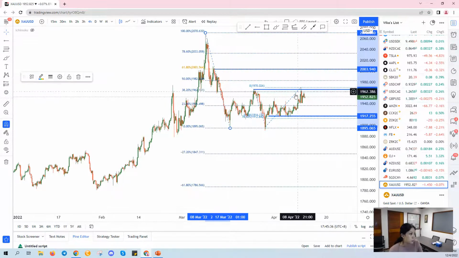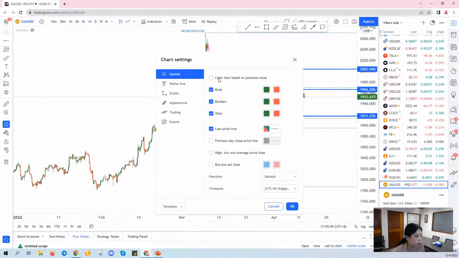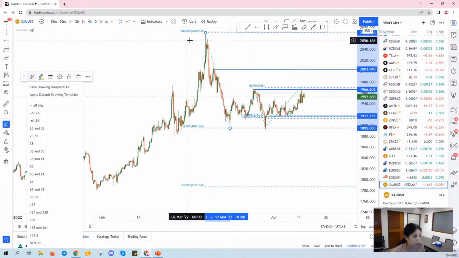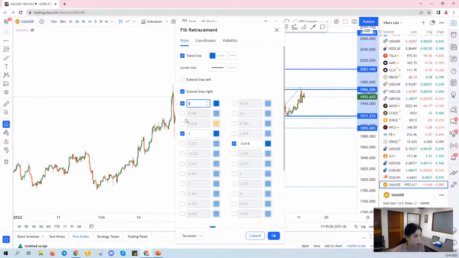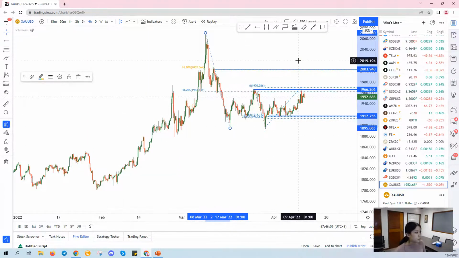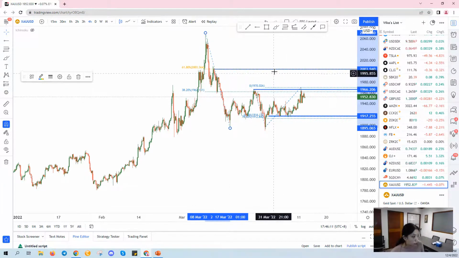Okay, that's a 38.2% retracement here and here. These line up very perfectly here. Okay, so we have these levels. Let's see if I can find any projection level for this.